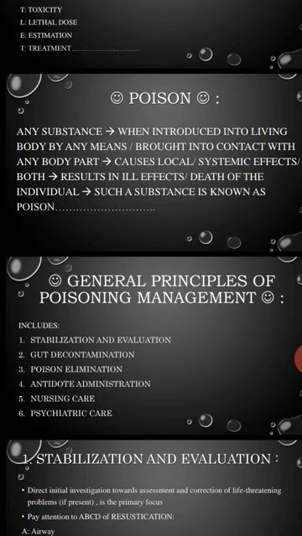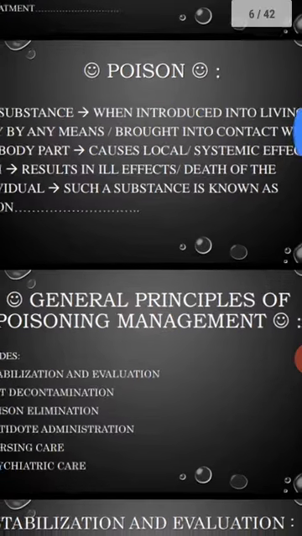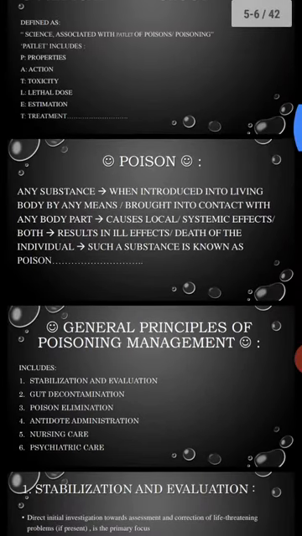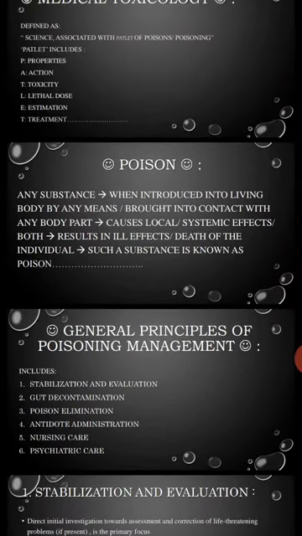Any substance which, when it is introduced into the living body, or by any means is brought into contact with any part of the body, which causes local or systemic effects, which results in either ill effect or death, is called a poison.